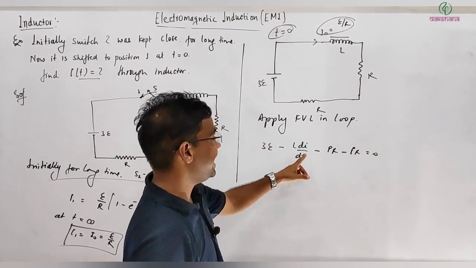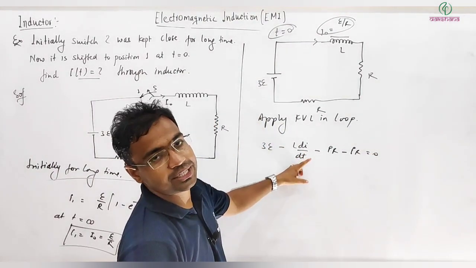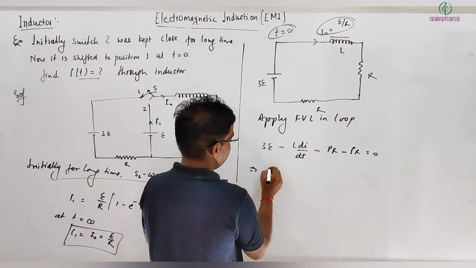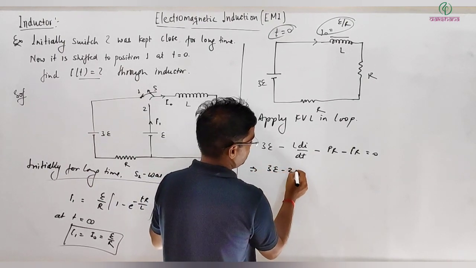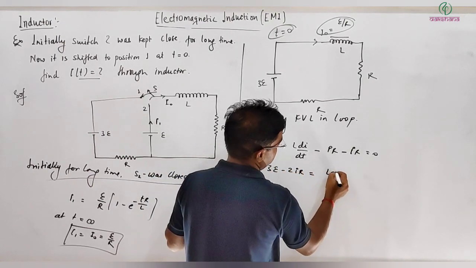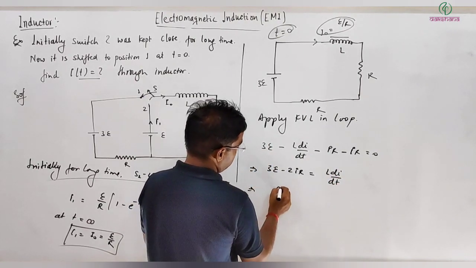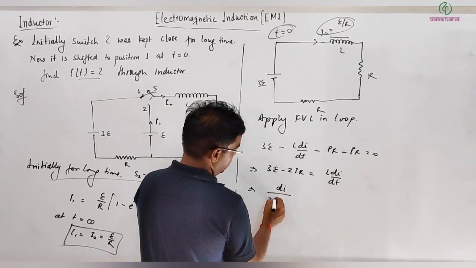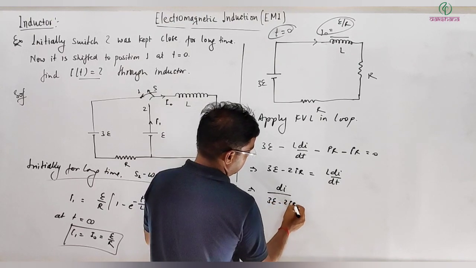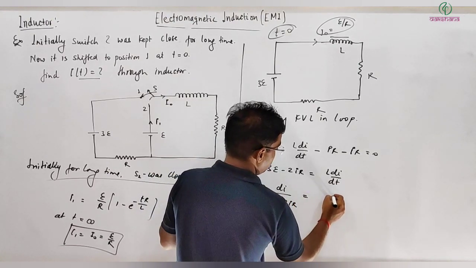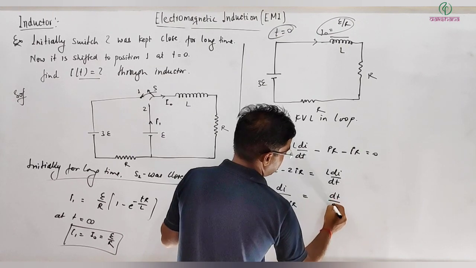Clear? And I is not 0 here at t equal to 0. So this implies 3E minus 2IR equal to L di by dt, which can be rearranged as di divided by 3E minus 2IR equal to dt by L.